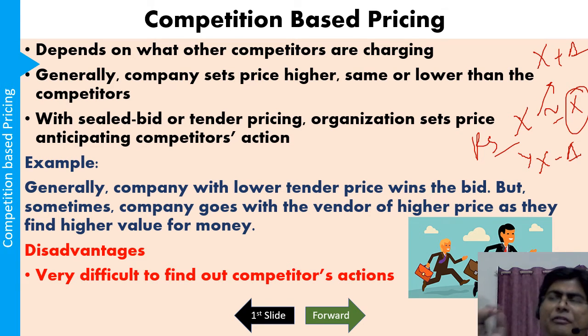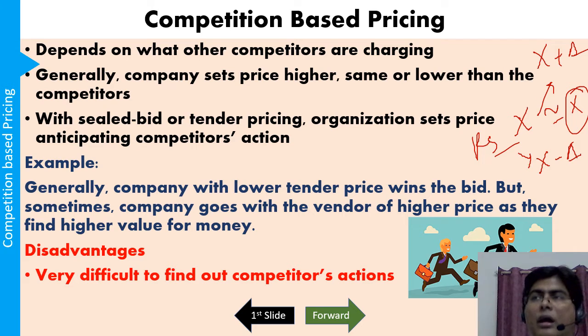But if you are participating in tendering processes or auction processes, it is generally seen that companies with lower bids get selected. But every time that may not be the case. Sometimes people want good value for money. That's why sometimes companies look at the overall aspects of the bidding.